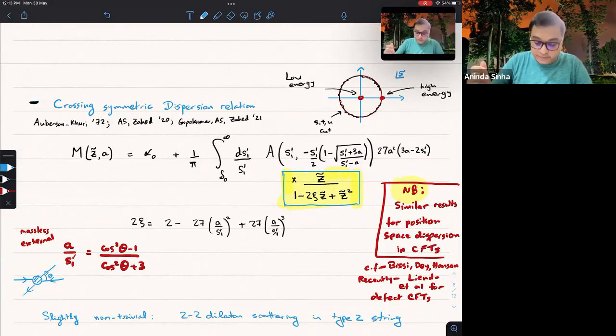The crossing symmetric dispersion relation is an attempt to write a representation of the amplitude in a manifestly crossing symmetric manner. This is completely counterintuitive because if you open Green-Schwarz-Witten chapter 1, you will learn that you either expand in terms of the S-channel pole or in terms of the T-channel pole, but you never talk in terms of both poles at the same time. But here the crossing symmetric dispersion relation gives you an expansion in terms of the poles in all 3 channels at the same time.